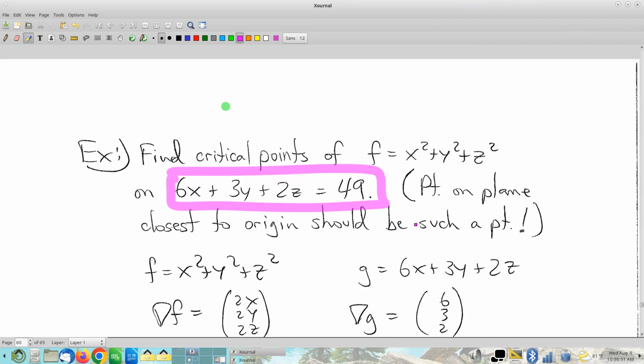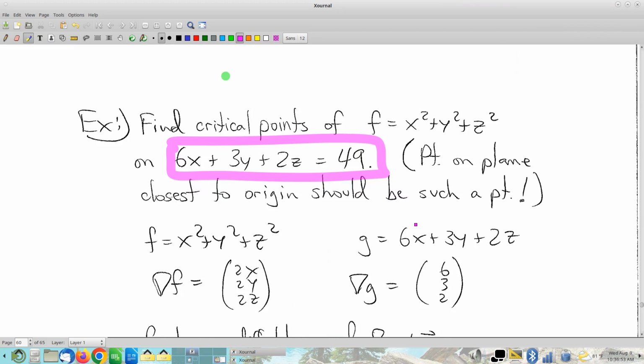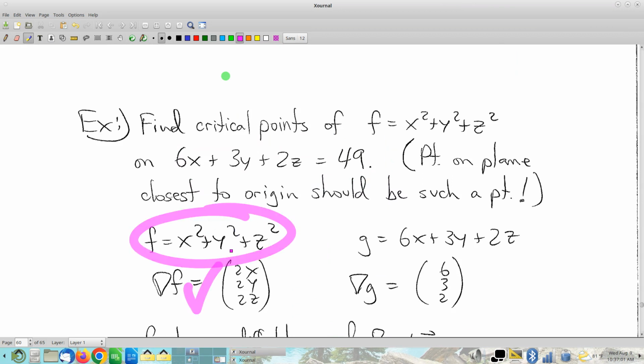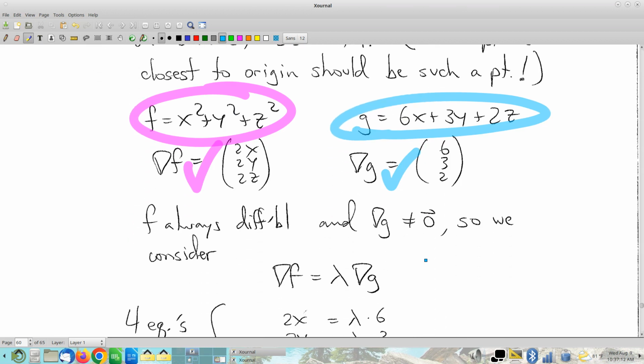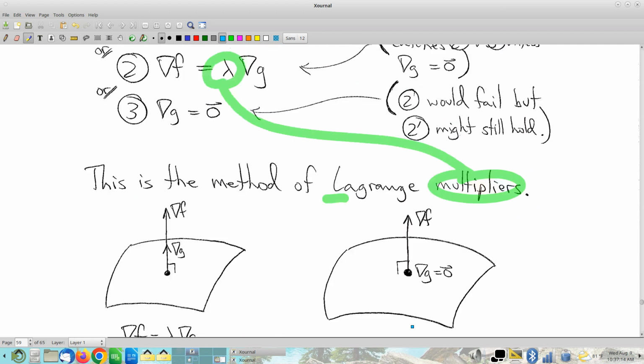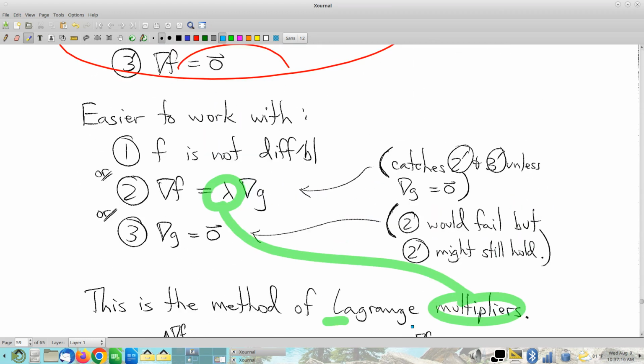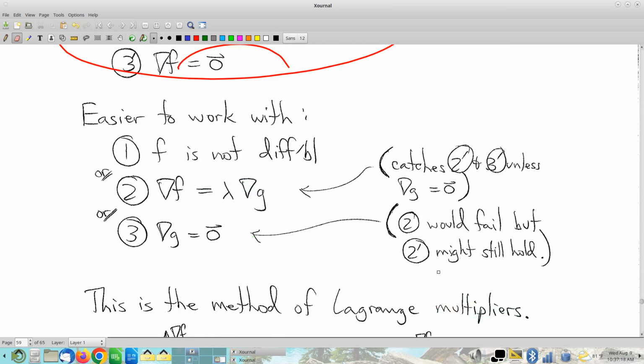Yeah, okay, so here we go. We have our objective function, and we can compute its gradient. We have our constraint function, and we can compute its gradient. Now let's go through our list of conditions.